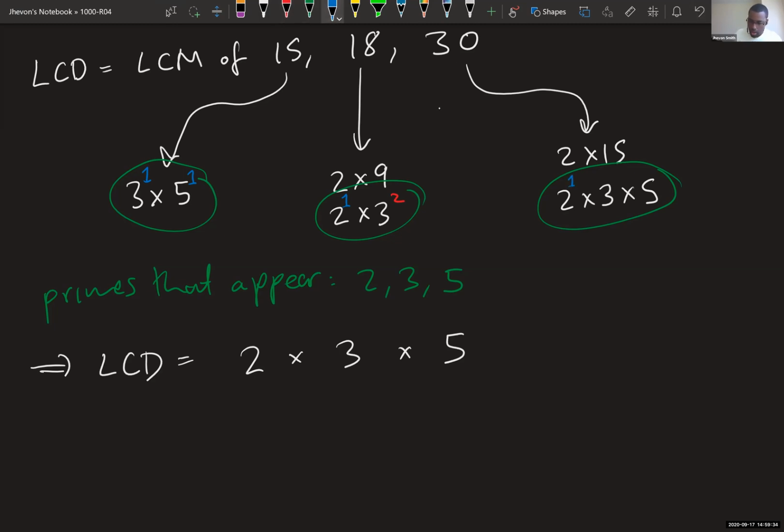The power of 3 here is a 1. The power of 5 is a 1. So what are the largest powers? Notice that 1 is the largest power for the 5. 2 is the largest power for the 3. And 1 is the largest power for the 2.